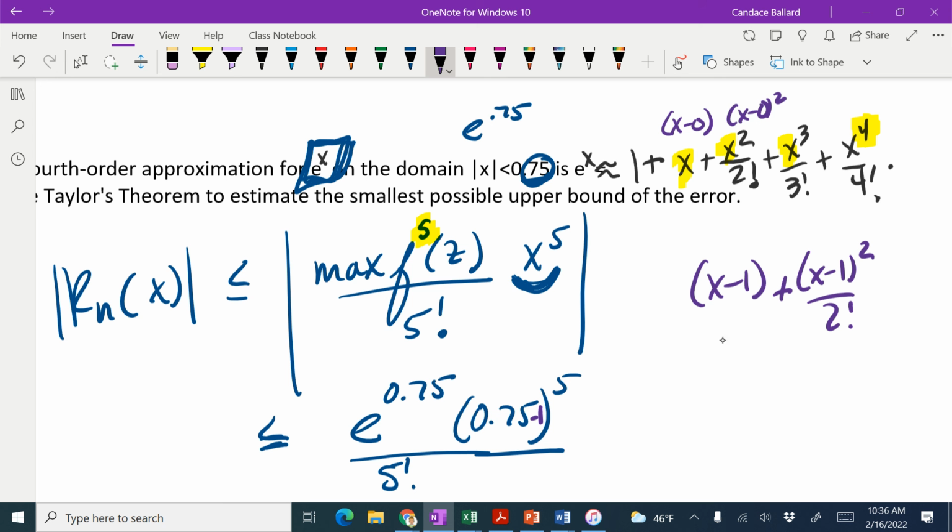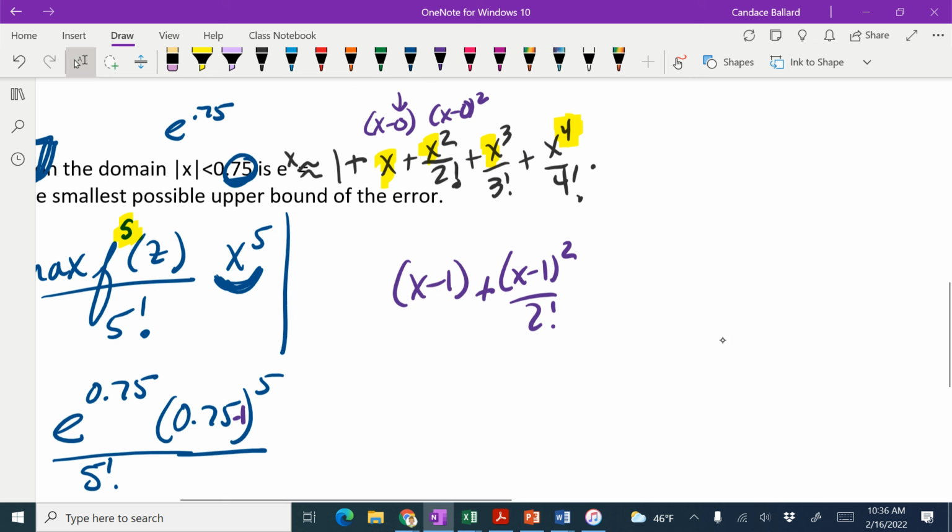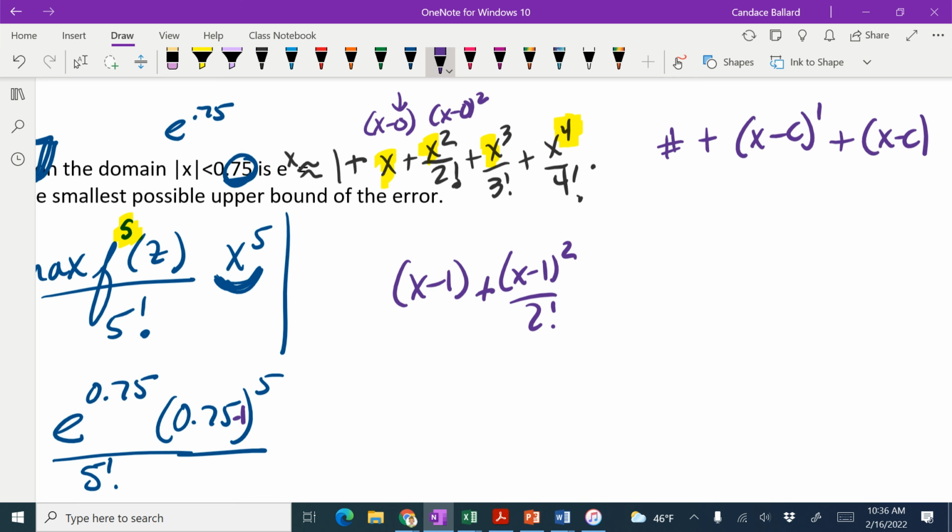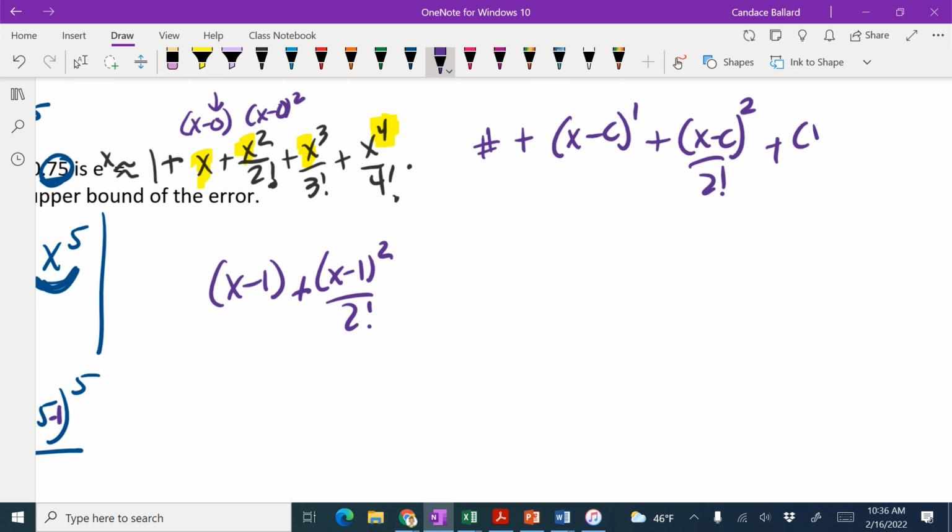Up here? Yeah, because you didn't do the x minus c. So the 0 is assumed, right? Because the basic structure of a Maclaurin polynomial is you have whatever your number is, plus x minus c to the first, plus x minus c squared over 2 factorial, plus x minus c to the third over 3 factorial, and so on, right?